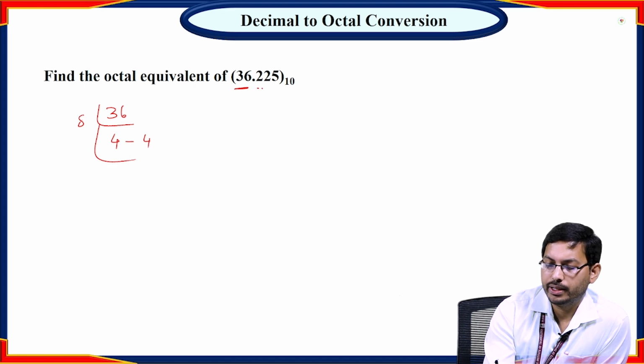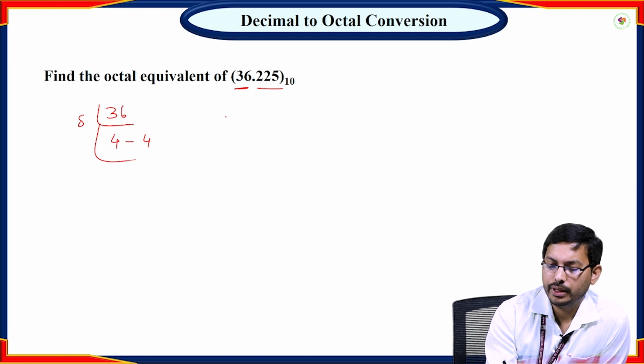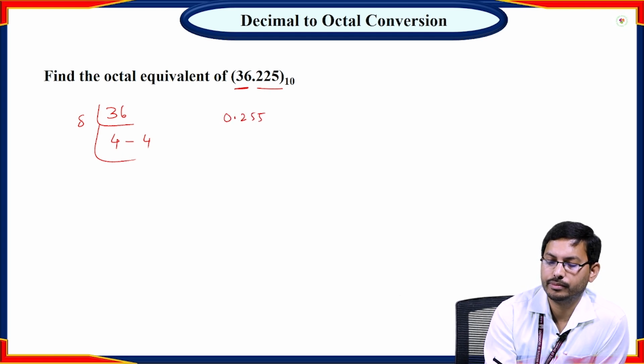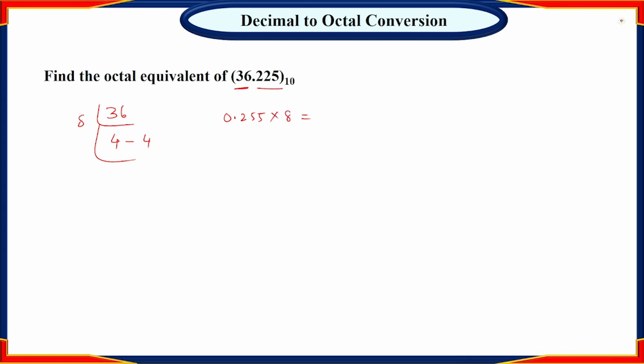Now coming to here, take this one, that is 0.225. Take this fractional part, 0.225, and multiply it with 8. If you multiply 0.255 into 8, you get the value 2.04. Just shift this 2 here and take the fraction value, again multiply, that is 0.04 into 8.